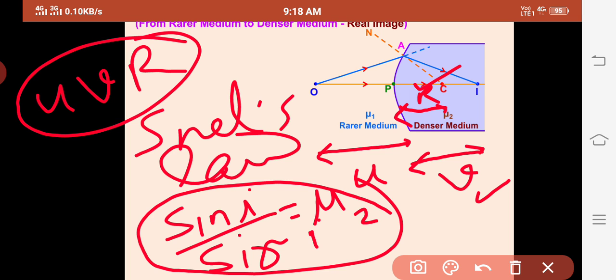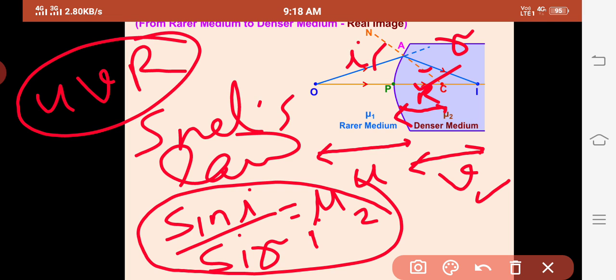One thing must be clear: this angle is taken as the angle of incidence, while this angle is taken as the angle of refraction. So when we use Snell's law, we have to find angle i and angle r, but angle i is in the air and angle r is in the medium.